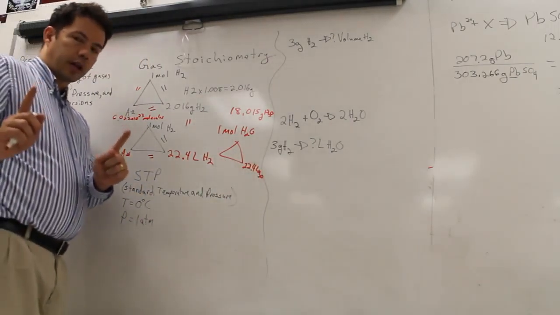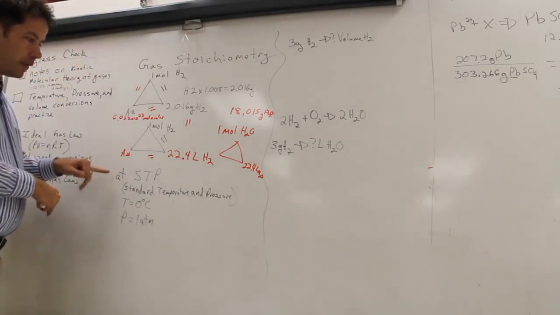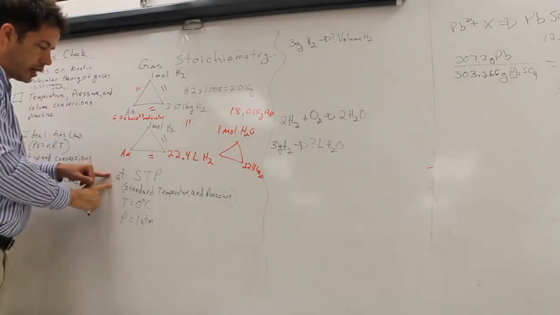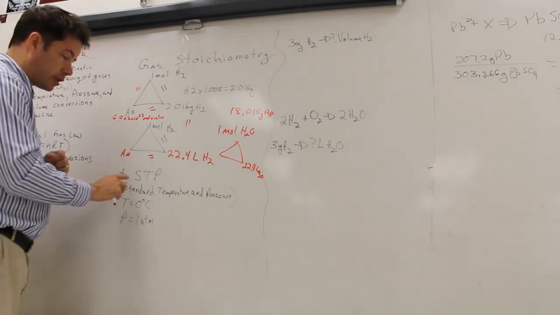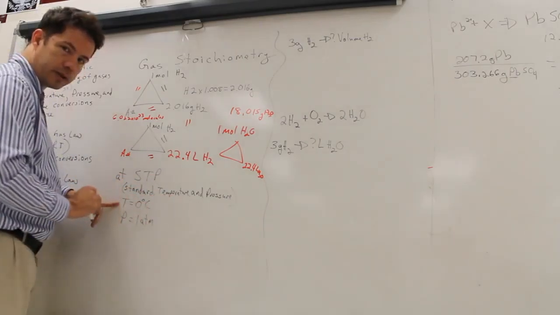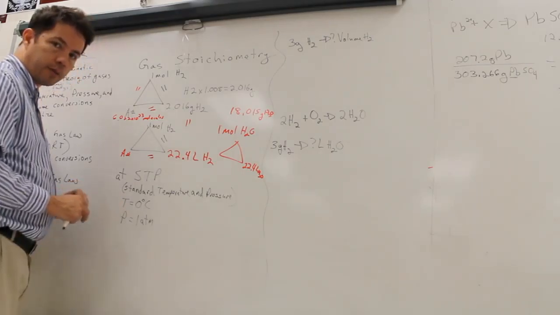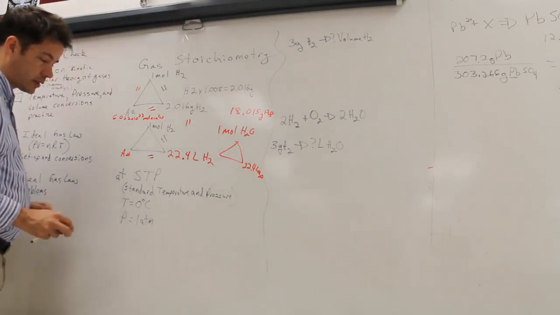Now, there's a gotcha with that, and that is this. This is true as long as we're under the conditions of standard temperature and pressure. So we haven't talked about this really yet, but standard temperature and pressure says that the temperature is 0 degrees Celsius and the pressure is at 1 atmosphere. Basically simulating the conditions at sea level is what that does.